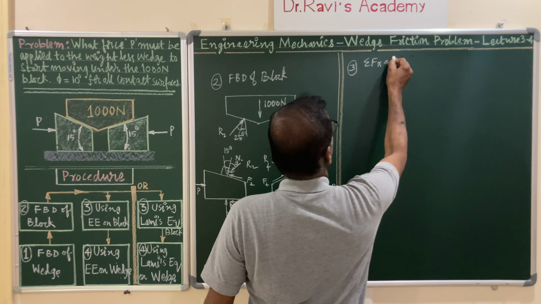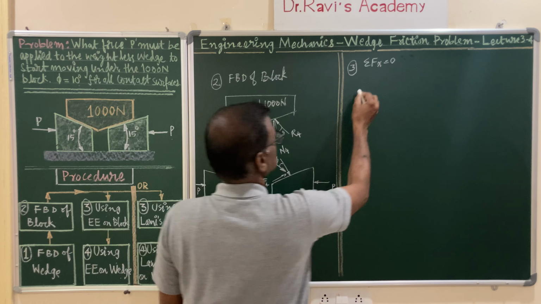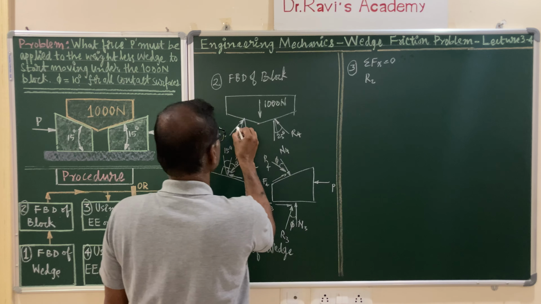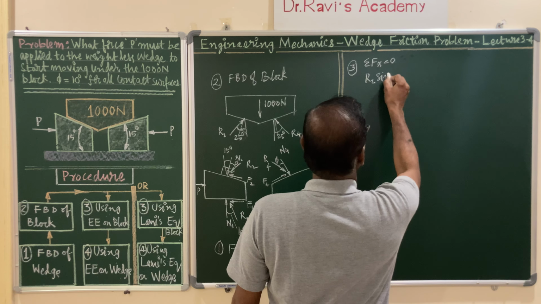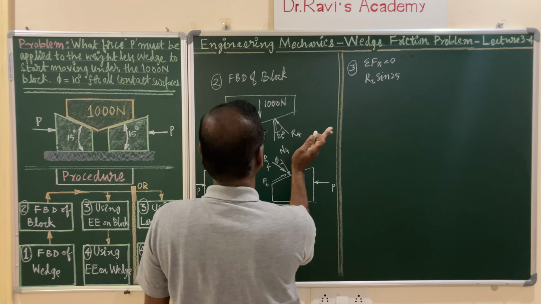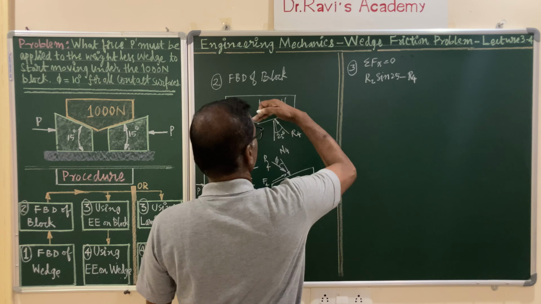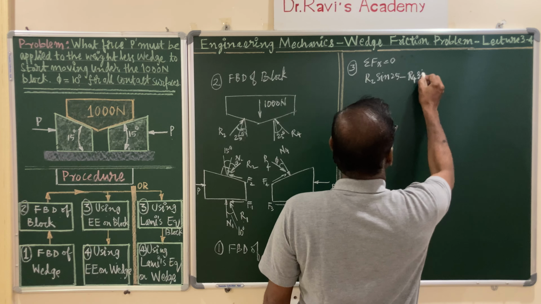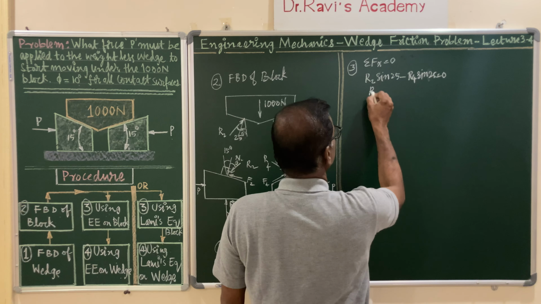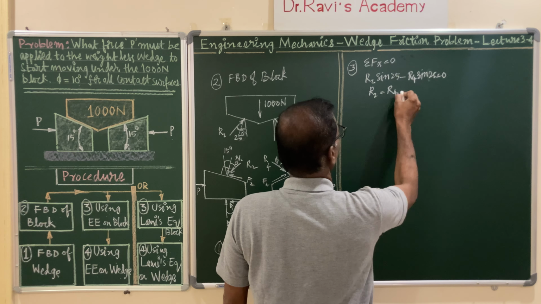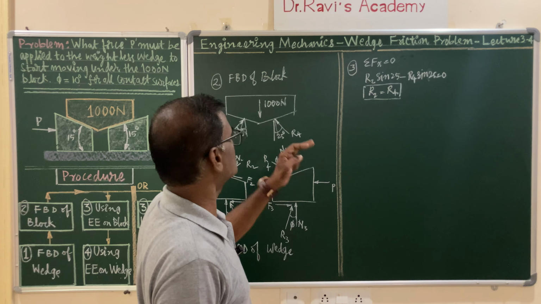Sigma Fx equals 0, and the component of R2 along the horizontal, it is R2, and this included angle is 25 with vertical, so the horizontal component will be sine 25, and it is pointing to the right, positive, minus R4, this force component, minus R4 sine 25 equals 0, and from this you are going to get that from symmetry also you can conclude that both are equal. Your R2 and R4 are equal. That is what is sigma Fx.